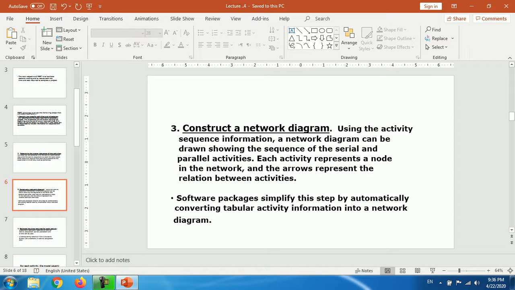Each activity represents a node in the network, and the arrows represent the relation between activities. Software packages simplify this step by automatically converting tabular activity information into a network diagram.